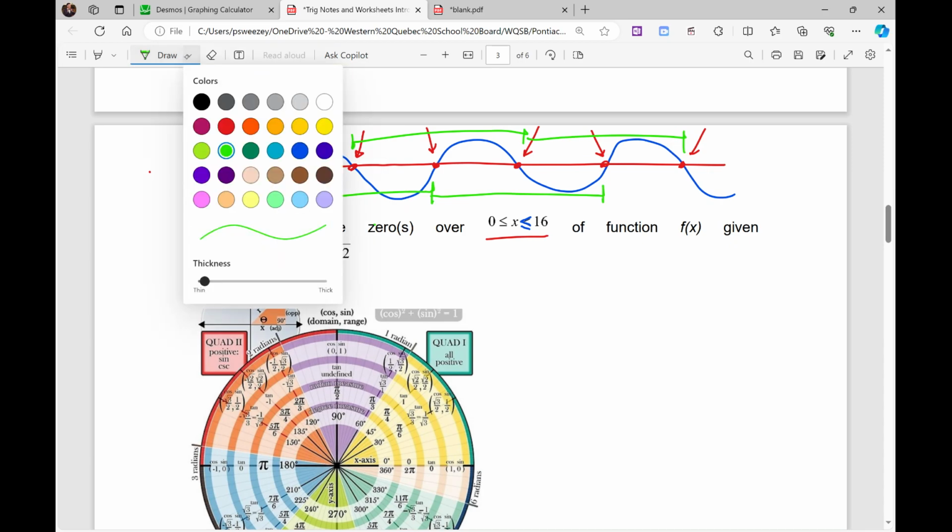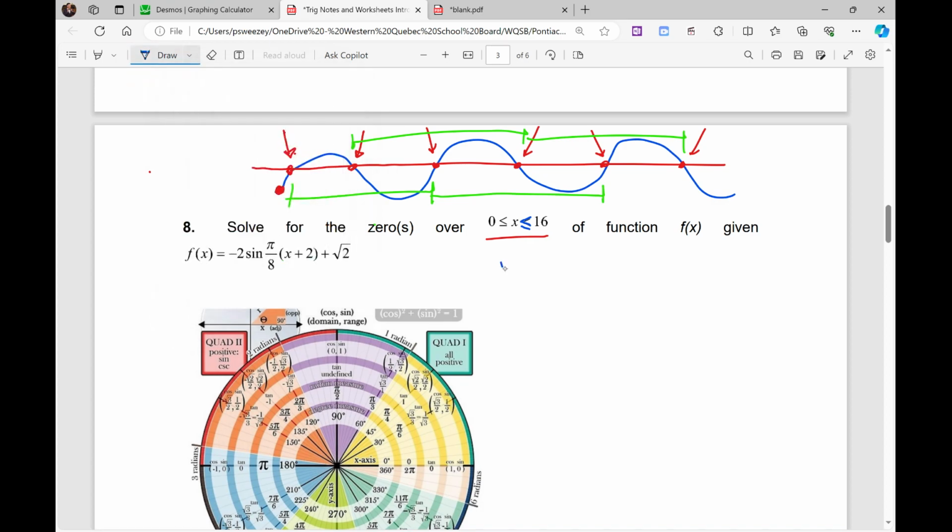So before you start anything, on this function we're going to figure out what the actual period is before we do anything else. You can do it later at the end, once you find your x values, but just show it right off the get-go.